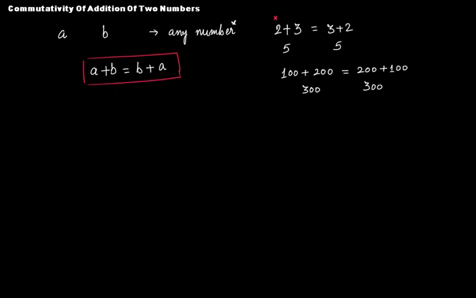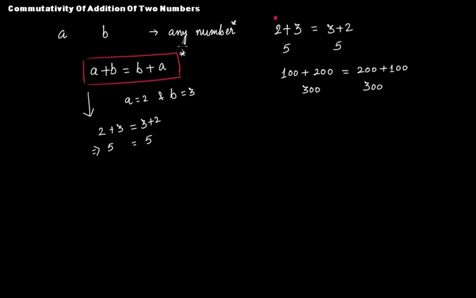If we take a as 2 and b as 3, then to show that this rule is correct, 2 plus 3 should be equal to 3 plus 2. So this is 5 and this is 5. 5 is equal to 5. So this rule is correct.